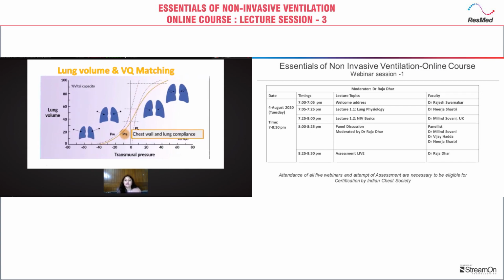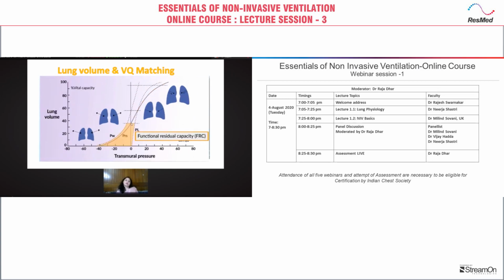Where these forces balance each other, that volume of the lung is called functional residual capacity. It is the amount of air which remains in the lung after normal expiration. So you need FRC. At this volume, you will have adequate VQ matching, that means adequate gas exchange.